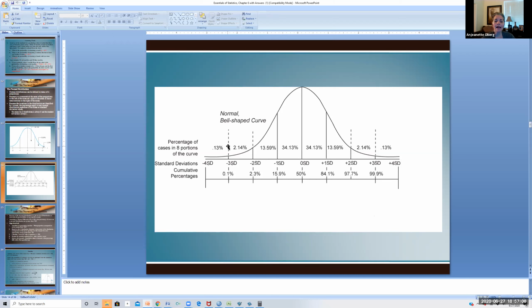You have less than 1% chance, 0.1% chance of being at -3 z-score. And then your chance increases now to 2.3%. So in other words, this means that 2.3% of the population fall between -4 z-score and -2.